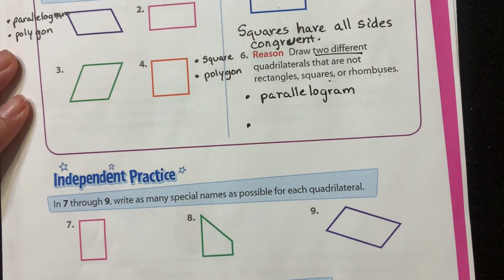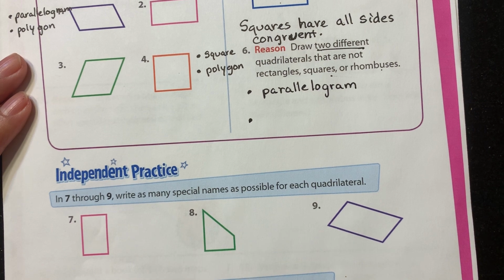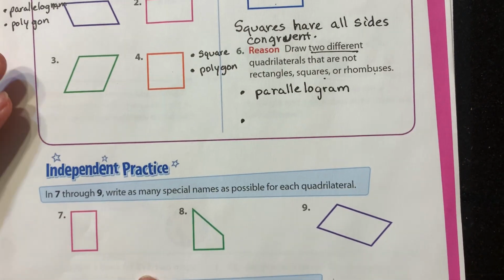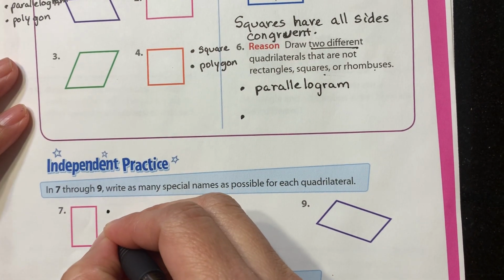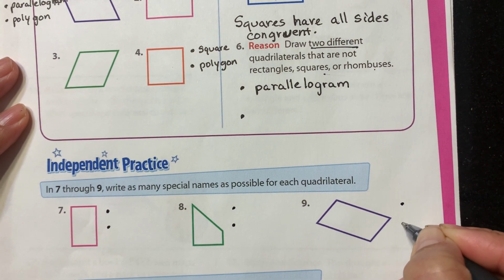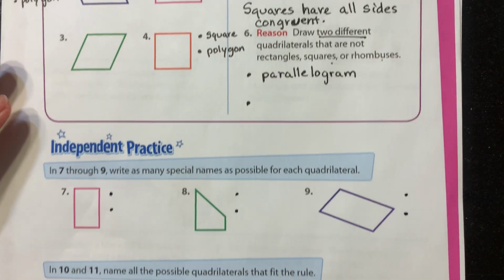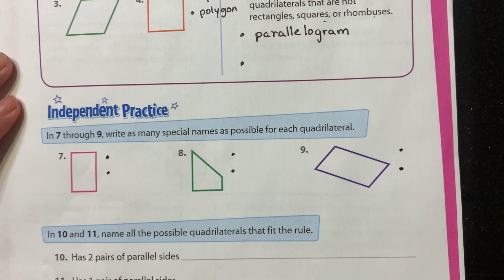When you get to number 7, 8, and 9, you're going to do the same thing you did on questions 1 through 4. So you're going to make a list here and give me their special names. And by the way, if it applies, you can also call them parallelograms.